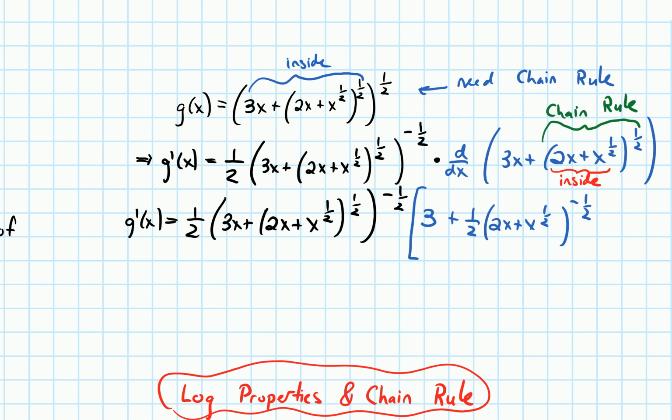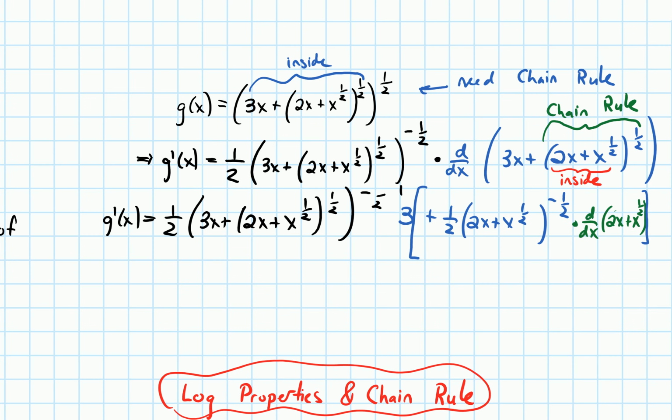But now we have the chain rule step. We multiply by the derivative of the inside, the derivative of 2x plus x^(1/2). All right, so I'm going to close this parentheses. I'm running out of room here a little bit on the side, so I'm trying to fit it in there. All right, so now we just have to do that last derivative.